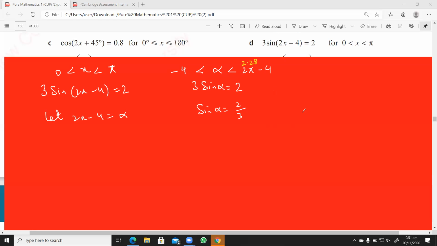Since this sine alpha is positive, we know that alpha is going to be in these first two quadrants.